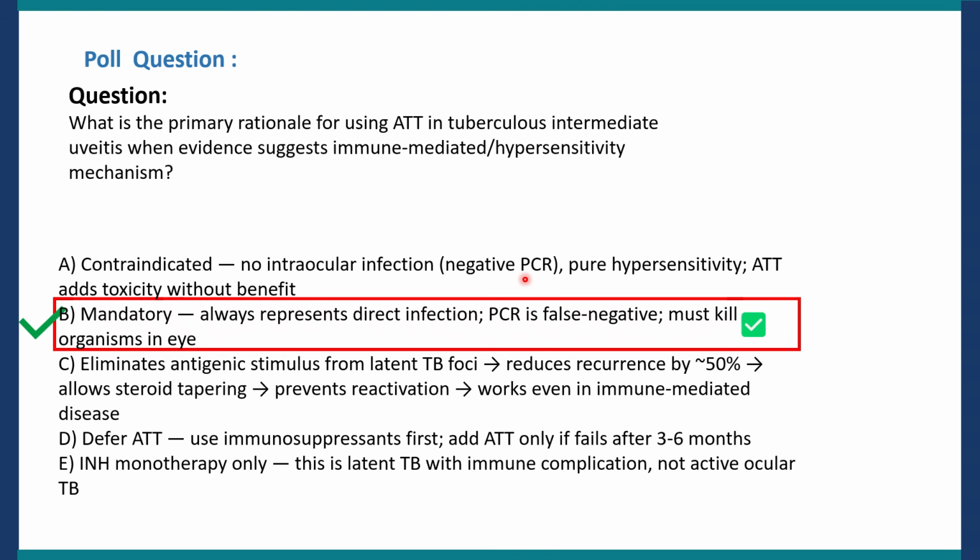And another thing: even though it is an immune-related mechanism, by the use of anti-tubercular drugs you destroy any latent Mycobacterium bacilli present, so that you prevent the release of any antigens and control the inflammation. So even though it is immune-mediated, you have to use both the anti-tubercular drugs as well as steroids.